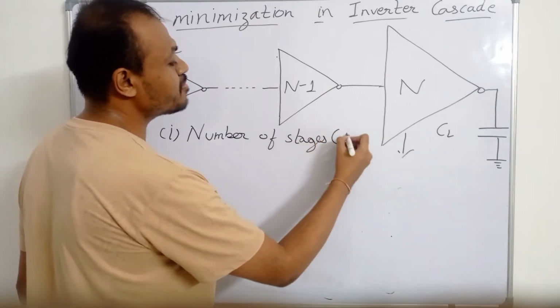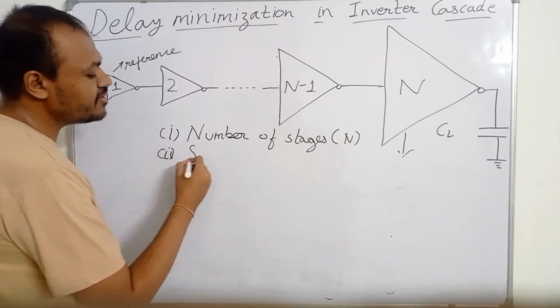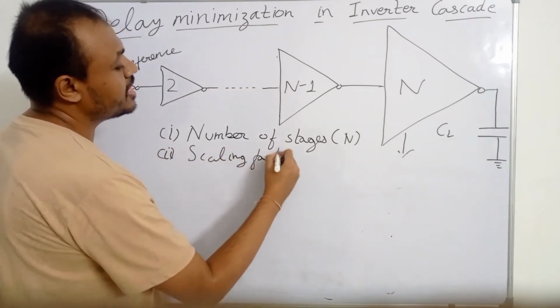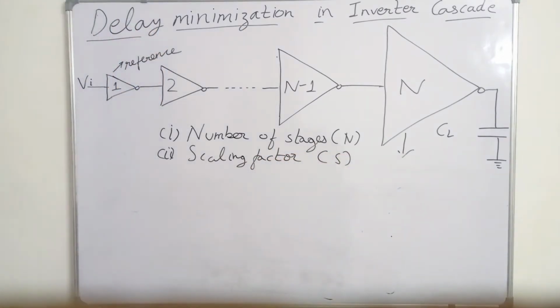I am defining the problem here. We want to first find the number of stages n, then we want to find the scaling factor s, which produces the minimum delay in this inverter cascade.